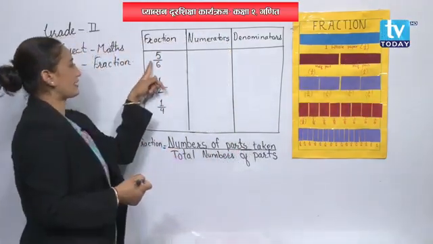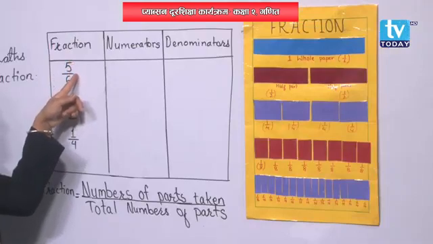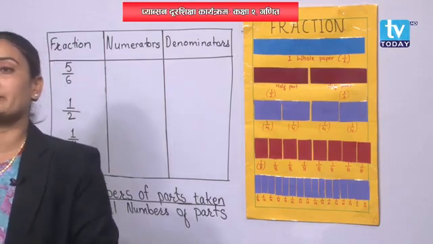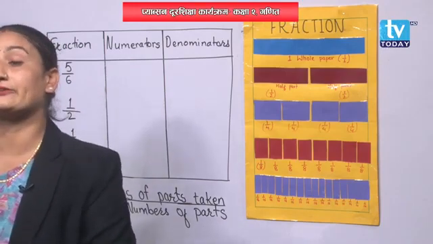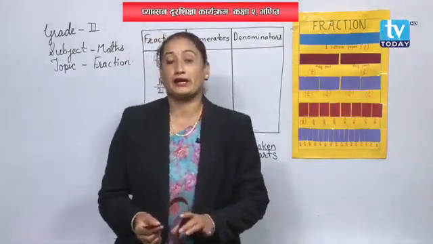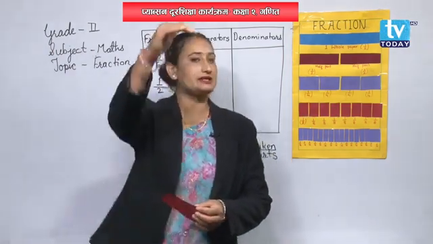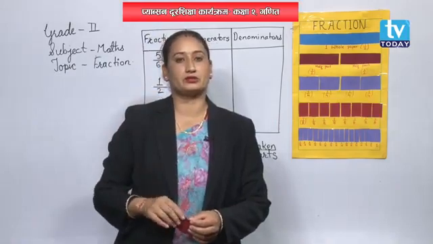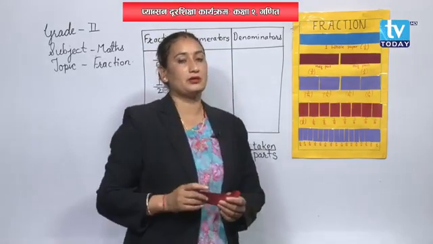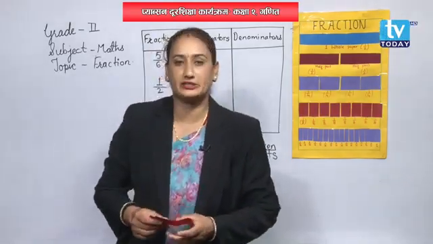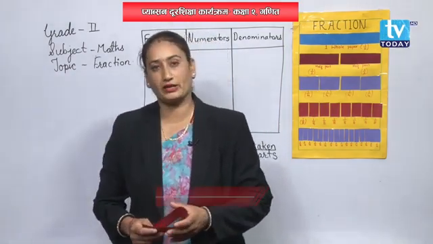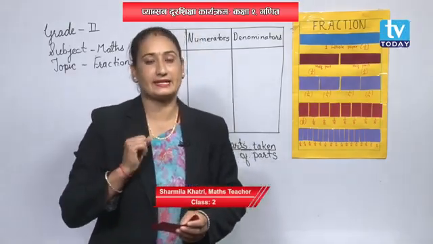For example, here you can see 5 by 6, here is one middle line. Do you know why we put that middle line? That middle line is known as the divide line. And if one number is at the top and one number is at the bottom, the number at the top, we call it the numerator, or the number of parts taken.